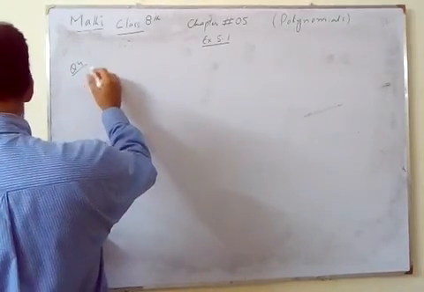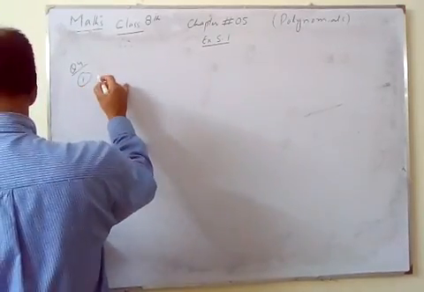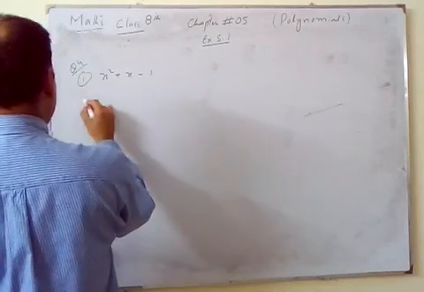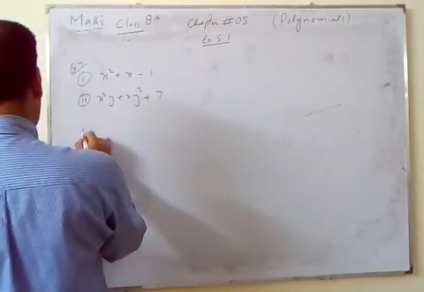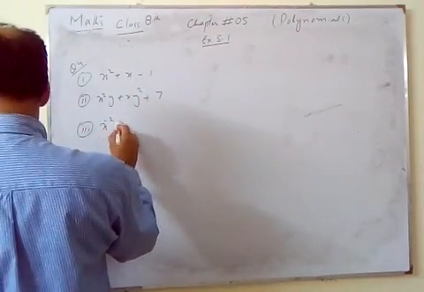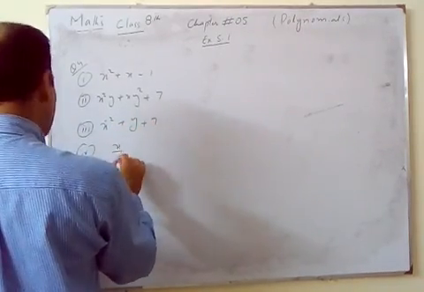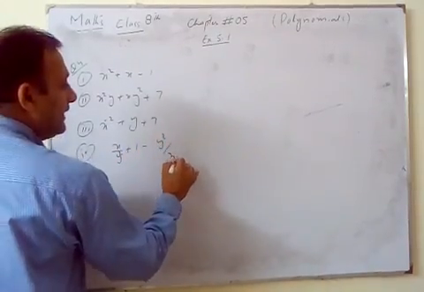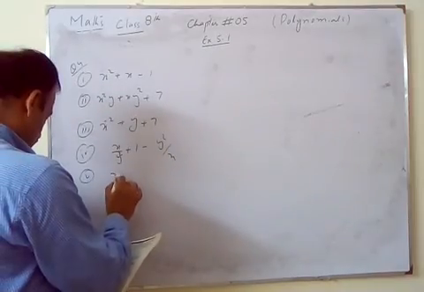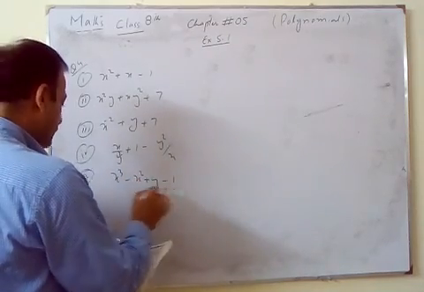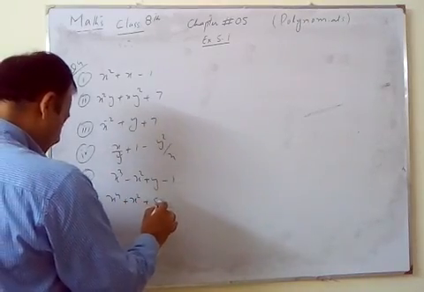So here I write all these: x square plus x minus 1; second one, x square y plus x y square plus 7; third part, x minus y, x power minus 2 plus y plus 7; fourth, x over y square plus 1 minus y square over x; fifth part, x cube minus x square plus y minus 1; sixth part, x power 4 by 2 plus x square plus 5x plus 1.